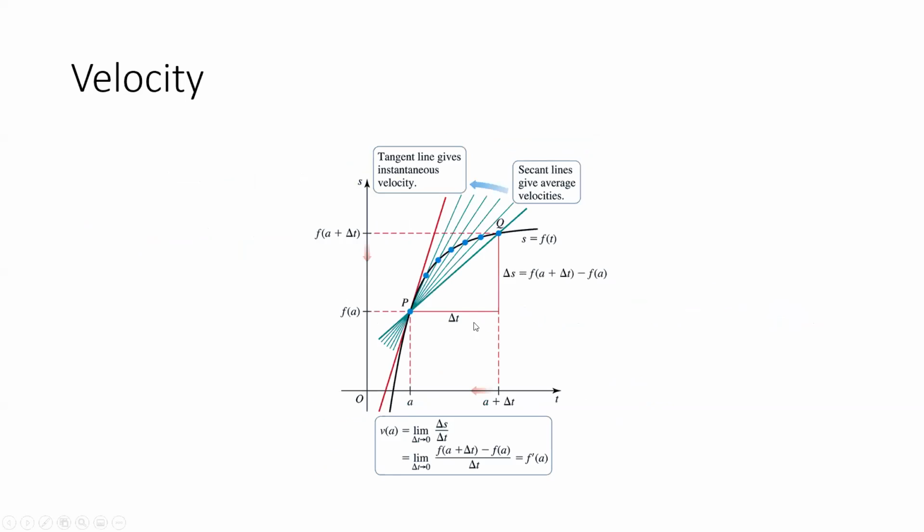Right, and here's the picture that we've seen back when we were coming up with the formula for the derivative. You're imagining now our tangent line is formed by taking a sequence of secant lines that get closer and closer to a tangent line. And of course, in this case, these represent average rates of change for the secant line. And they approach the instantaneous rate of change at the point P, which is our tangent line.